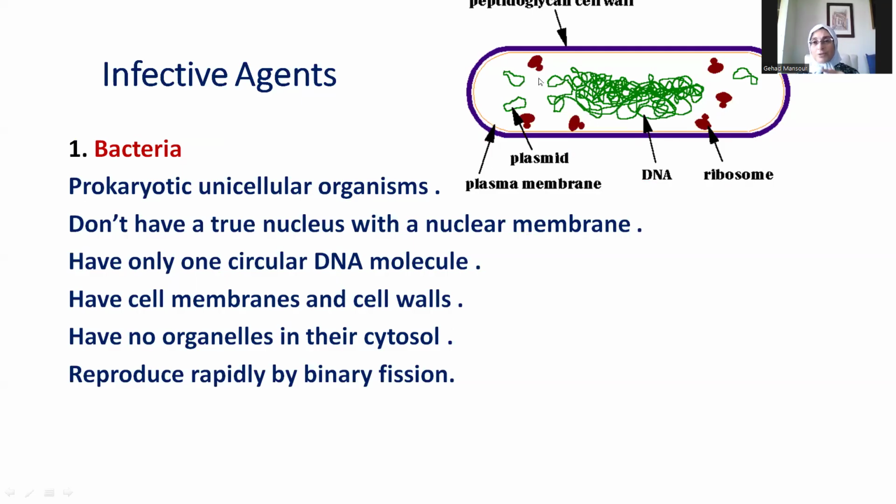So again, just like the cell membrane, this is not a characteristic of prokaryotes. They have DNA, and so what? All living cells have DNA, but their DNA is characteristic. Why? Because it is a single circular folded DNA molecule that is not surrounded by a nuclear membrane, and that's why it is not a true nucleus.